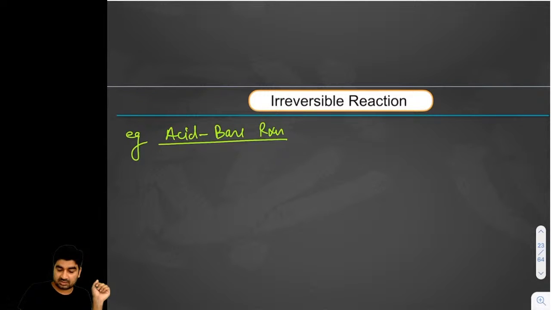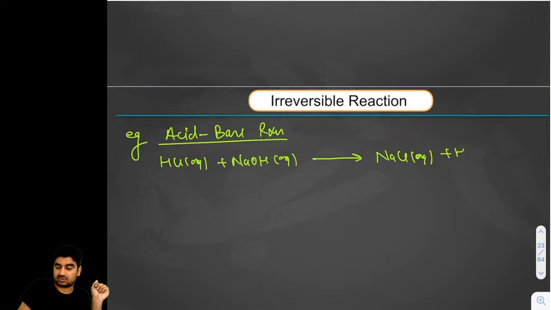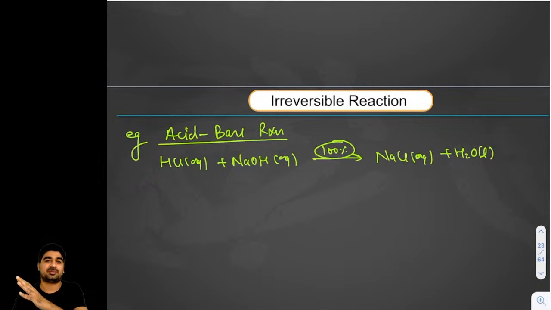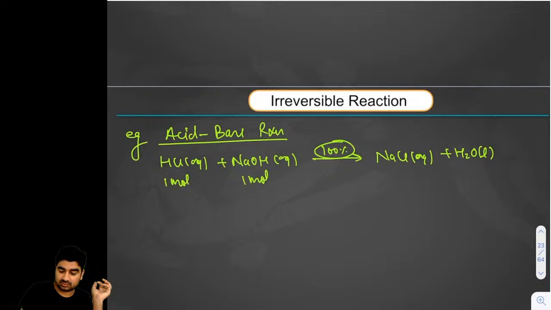So in an acid base reaction, suppose I'm taking HCl aqueous and NaOH aqueous, it will give me NaCl aqueous plus H2O. So this is moving up to 100%, right? Because it is going to 100%, now you cannot reverse it. Once this is over, suppose I'm taking 1 mole, I'm getting 1 mole.